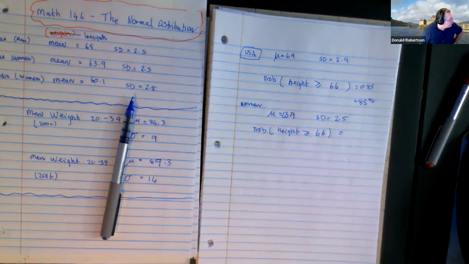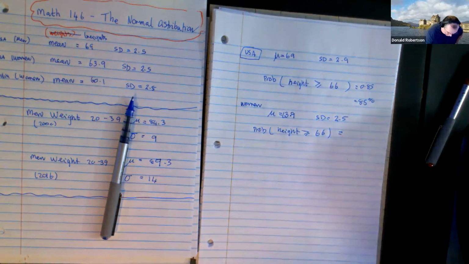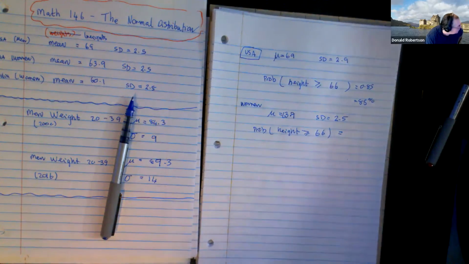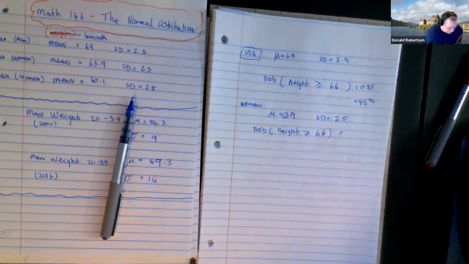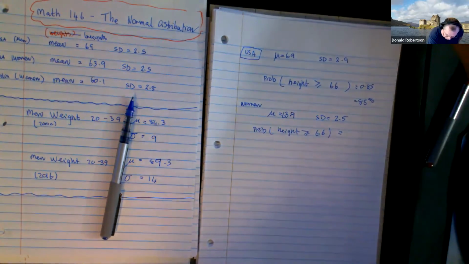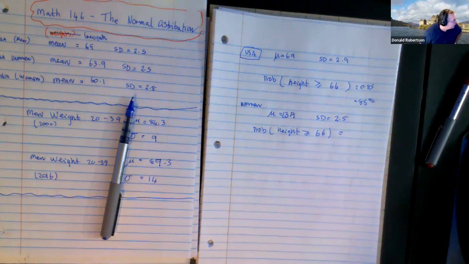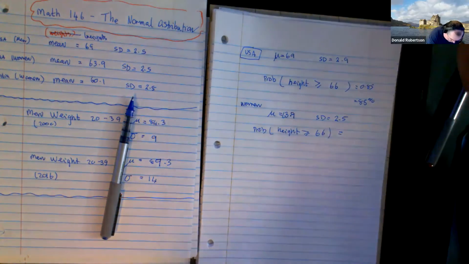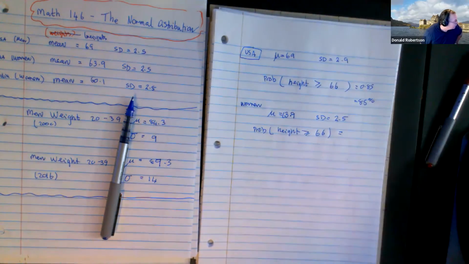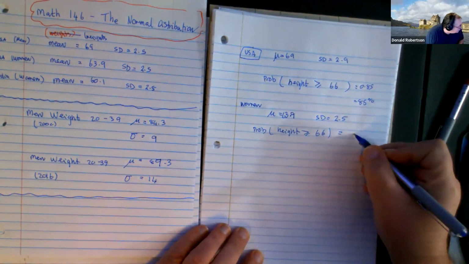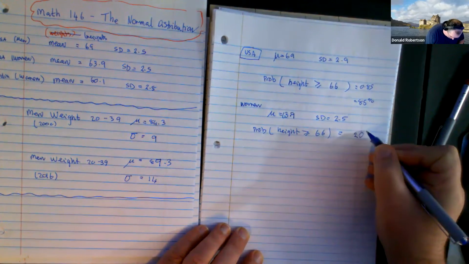If I go to that table and change this number to a mean of 63.9, and change that standard deviation to the right one, and I make this number here 66, the answer comes out as about 20%.